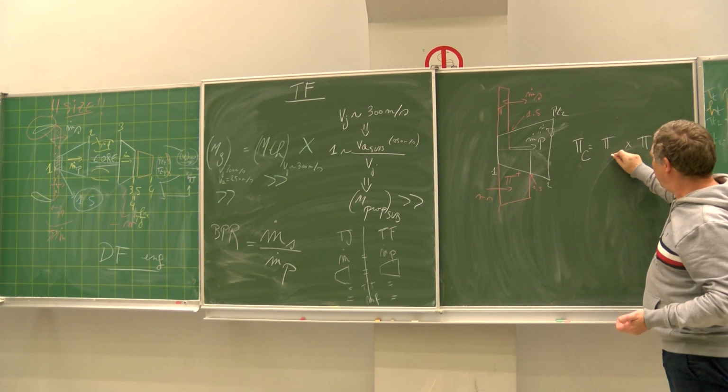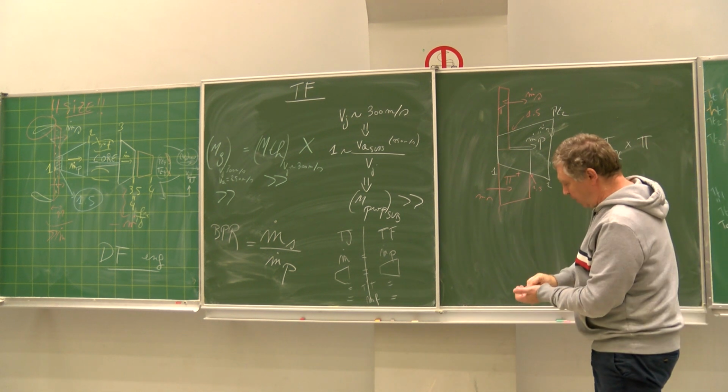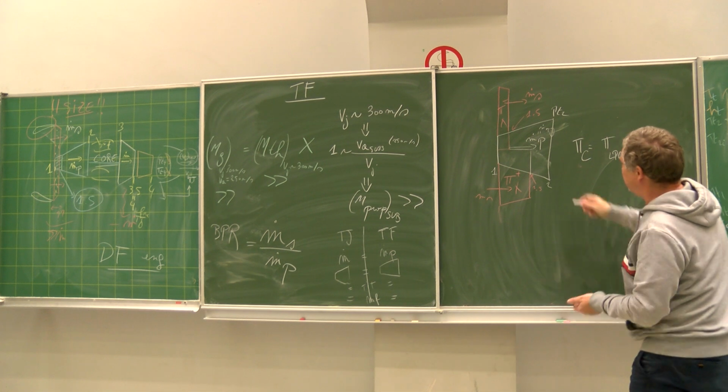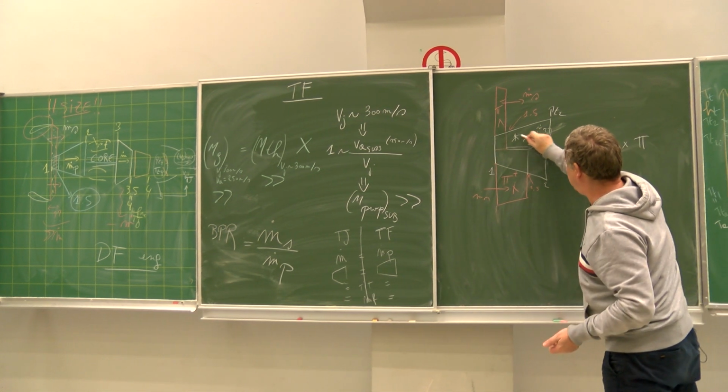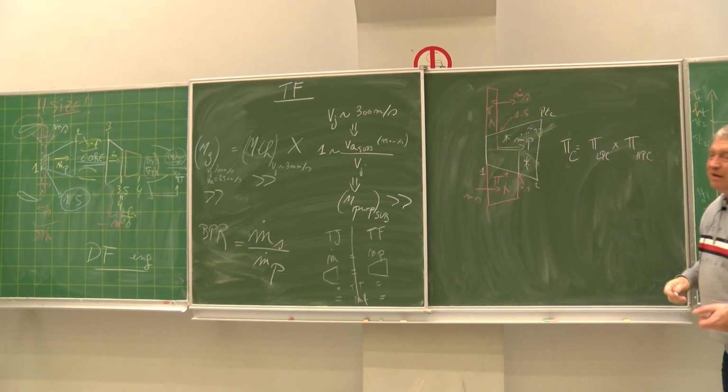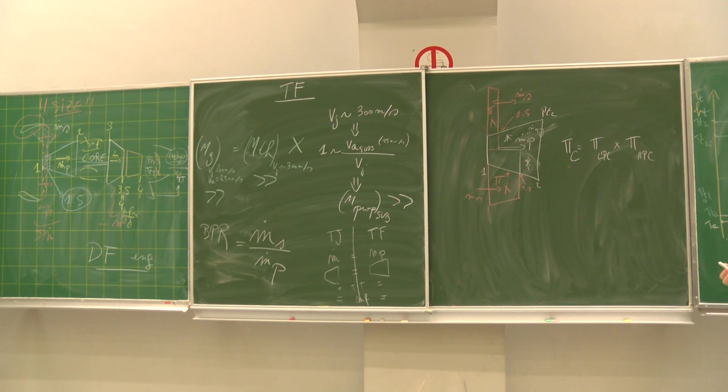And this is what we will call the low pressure compressor. This is the red one. This is the low pressure compressor. And this is the high pressure compressor here, which is the second part, let's say, of the compressor.